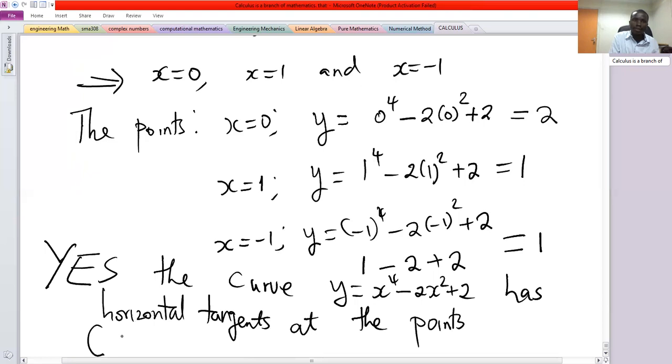Remember, when x was 0, y was 2. When x was 1, y was 1. And when x was -1, y was 1. So those will be the solutions.